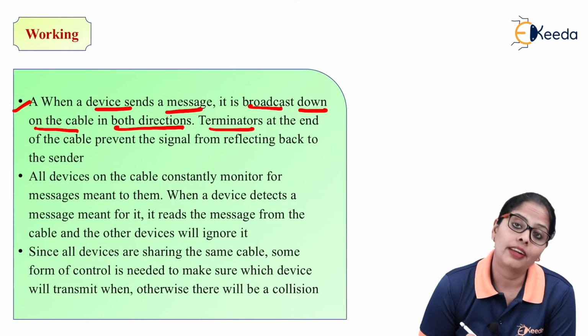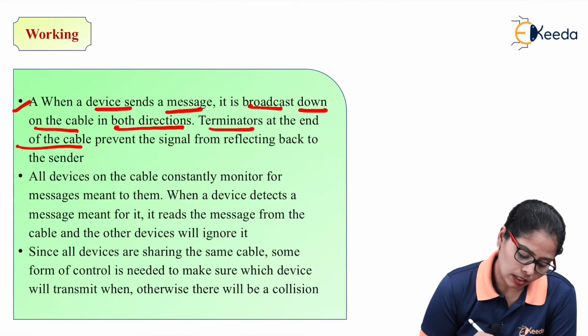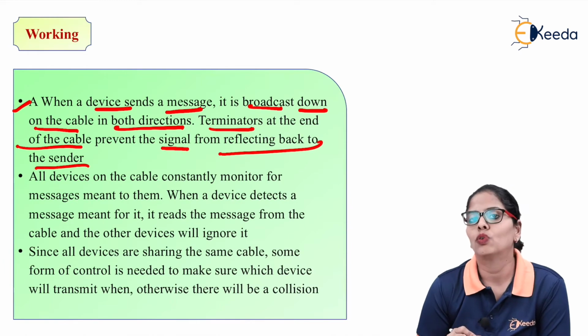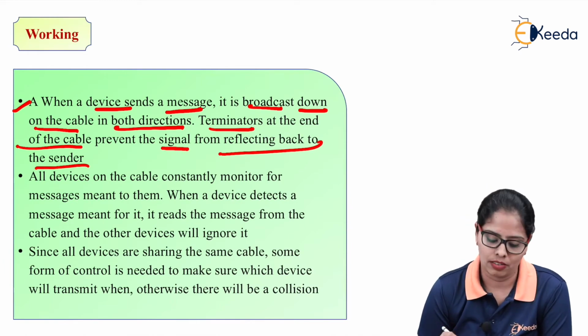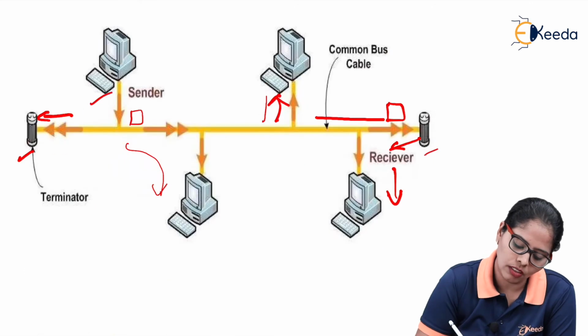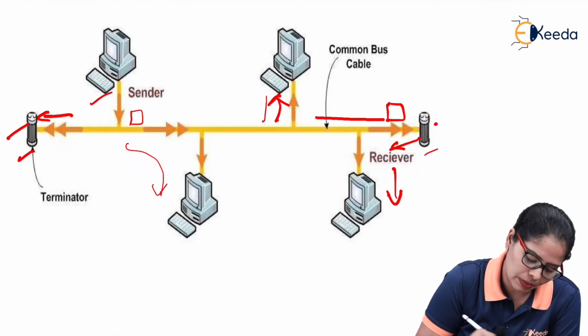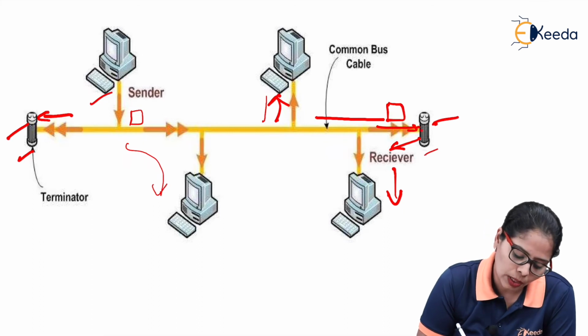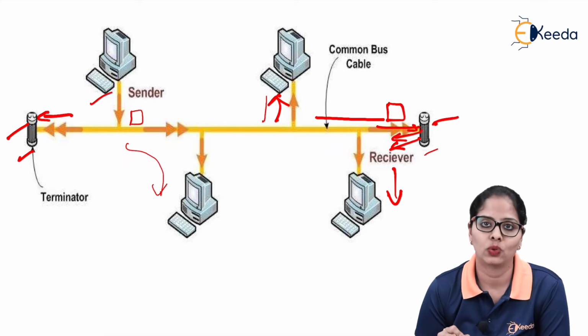The terminator at the end will prevent the signal from reflecting back to the sender. The terminators absorb the packet and will not allow it to go back into the network.